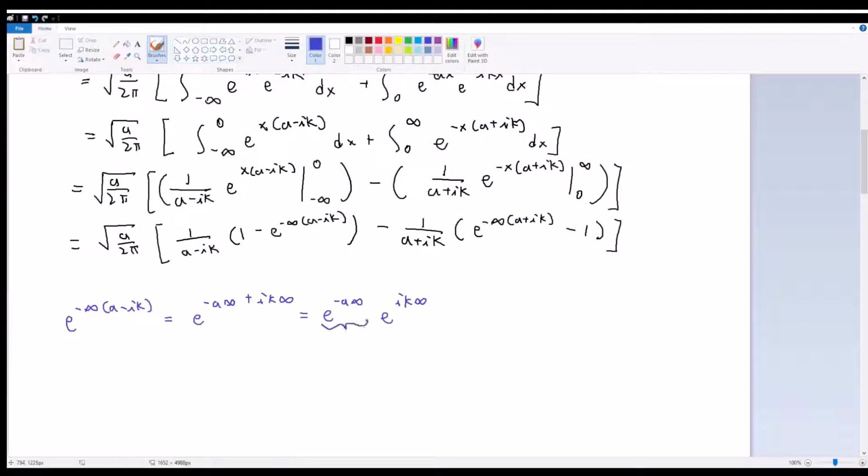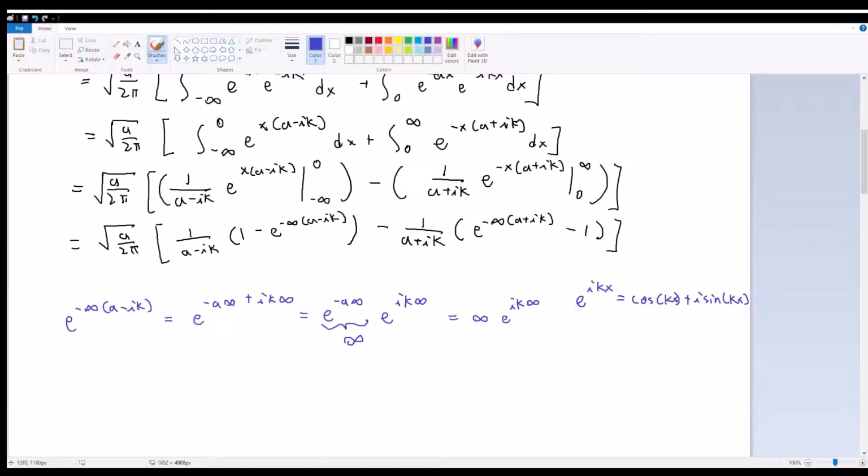Immediately, this is a constant, this just equals infinity, so we're left with infinity times e to the ik infinity. And remember, e to the ikx corresponds to cosine kx plus i sine kx. I left out the x here. So e to the ikx is really just a sinusoid of some kind.